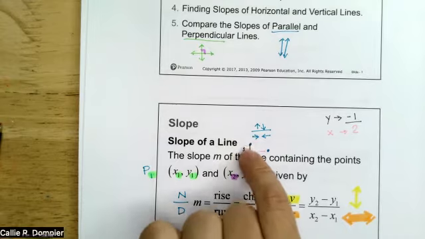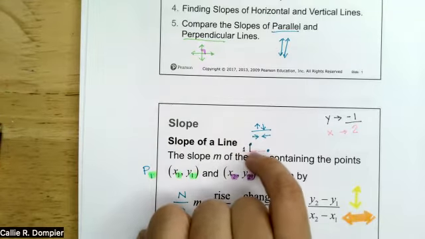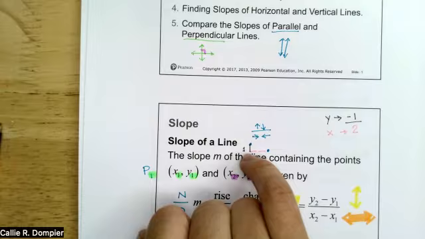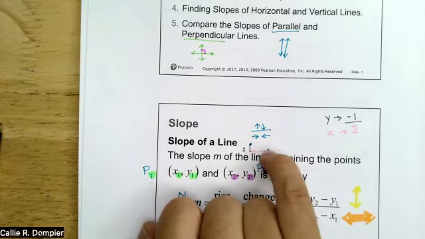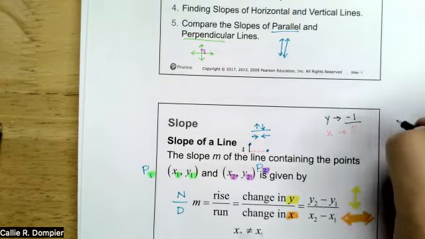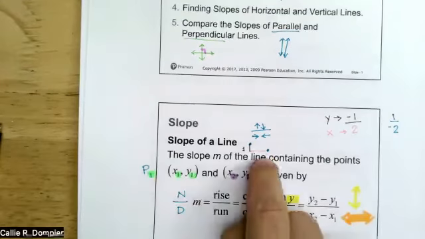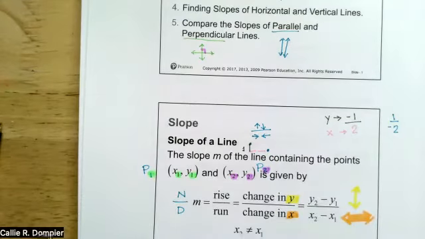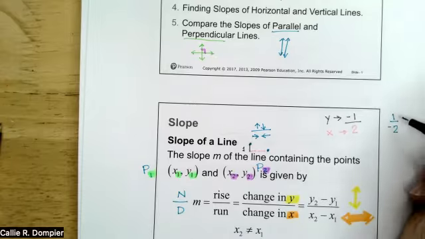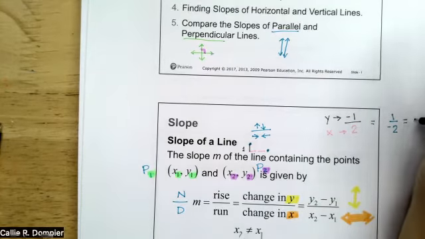From this point, I went down 1 and then I went, so I went -1 on the y, +2 on the x, okay? Or, because it's a negative, you could also call it +1, -2 if we were going from this point to this point. It doesn't matter which point you start at, you should get the same slope, because that is the same number as the negative out in front of that fraction.